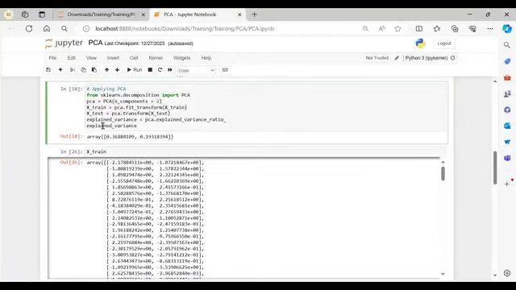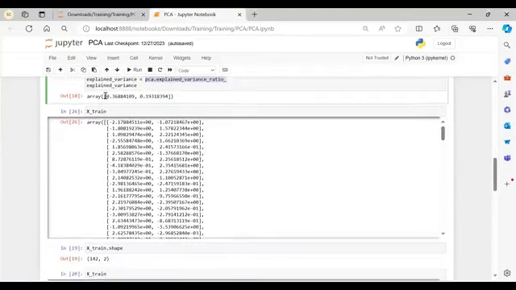Now, how much variance has been explained by each of these principal components? That's something you can get with this function. This is the model PCA dot explained_variance_ratio_, which will give you the explained variance.